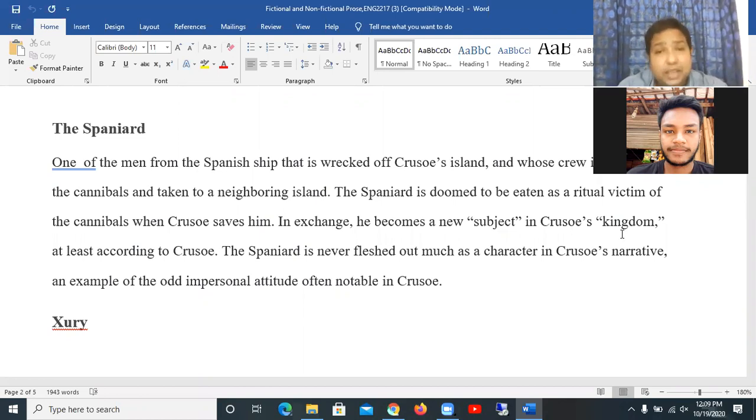He escaped from there. The Spaniard is doomed to be eaten as a ritual victim of the cannibals when Crusoe saves him. So this Spaniard did not come suddenly, but like Friday, the Spaniard was also saved by our hero, Mr. Robinson Crusoe.